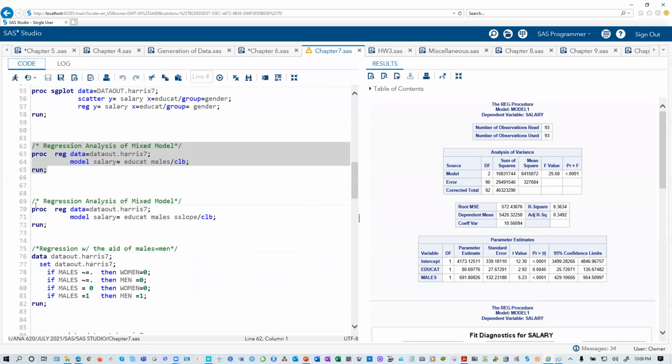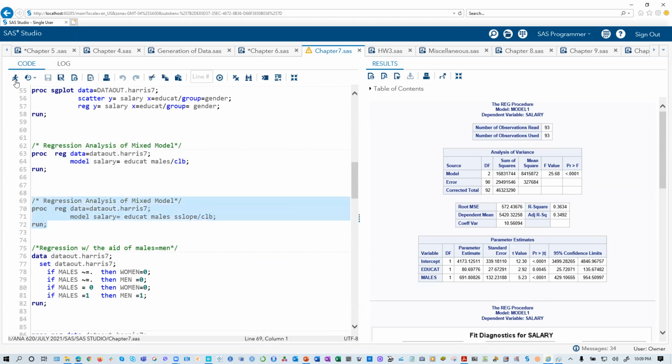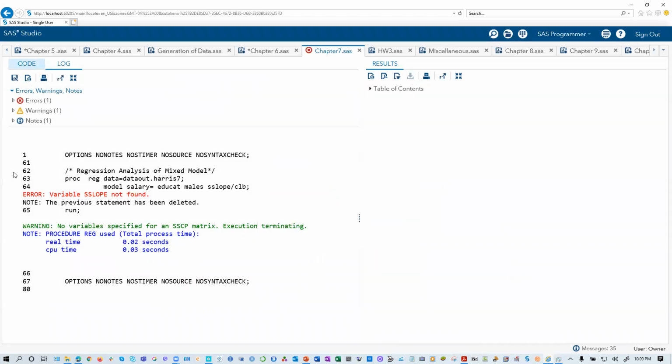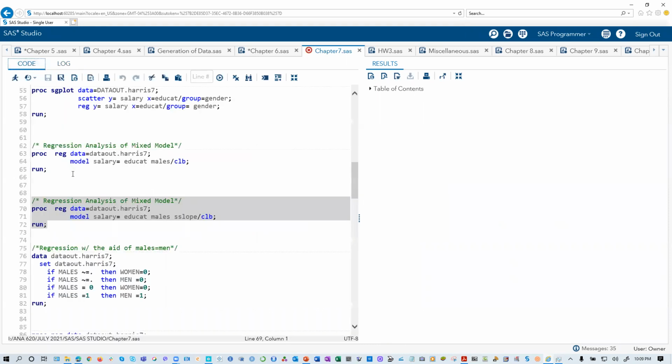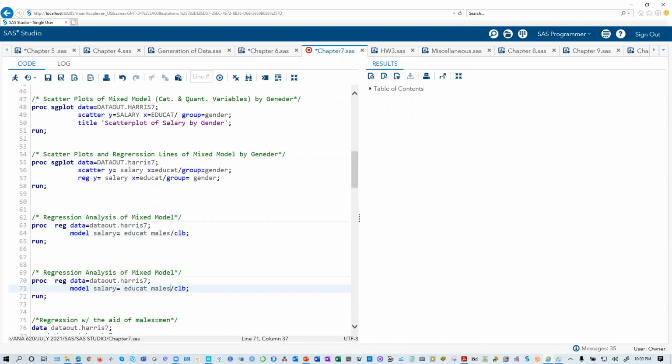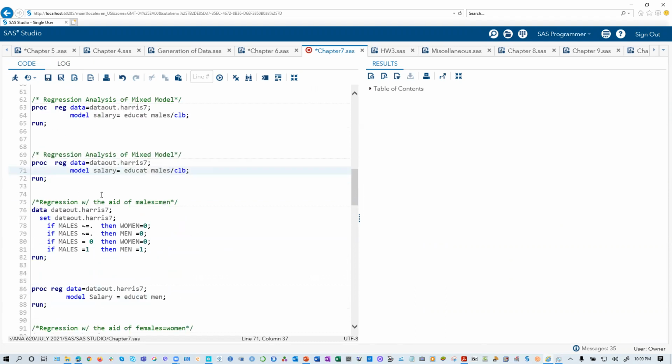So then the regression for salary of males, and we need the slopes. Oh, this is slope. Yeah, we don't have this slope. That's the same thing. So we have a calculator. This is slope.